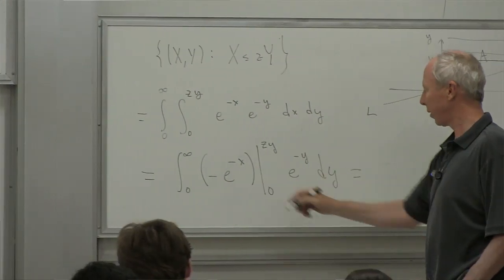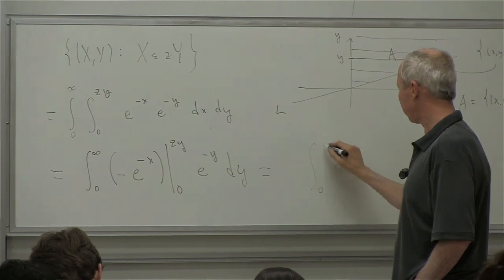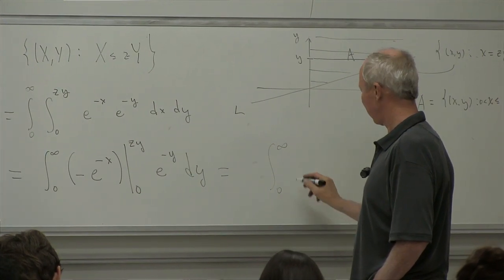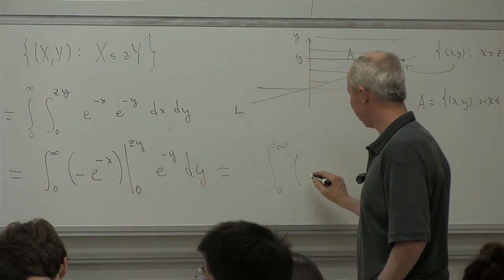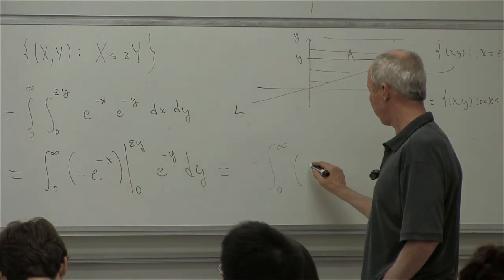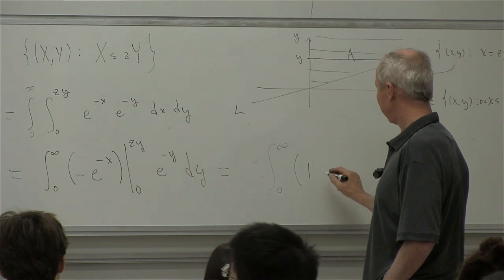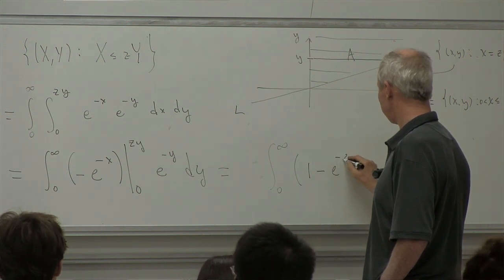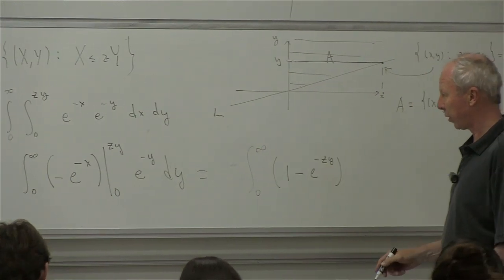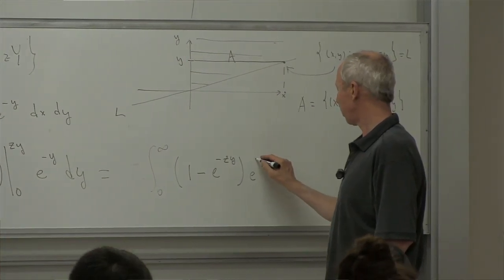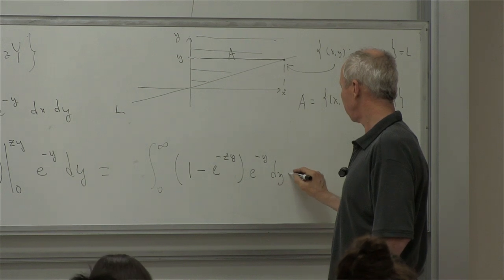So we have to evaluate it at the two ends here. We get integral 0 to infinity. The value at zy, we subtract the value at 0, which is minus 1. If you subtract minus 1, you get plus 1. And then we have e to the minus zy here. Okay, that's what this evaluation gives, times e to the minus y, dy.